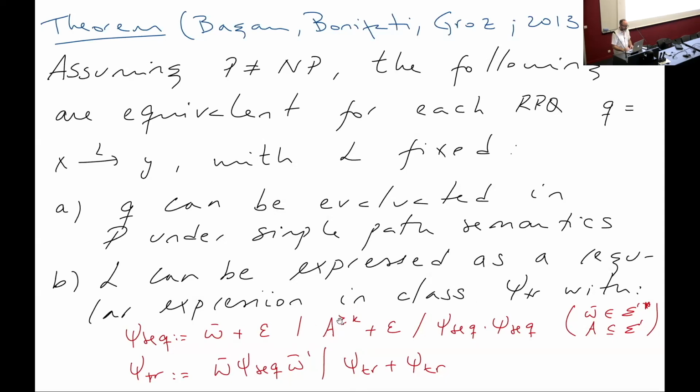So this is the disjunction of the symbols in A. It says these symbols appear at least k times or 0 times. And this class is closed under concatenation. So as long as you are in this class, and I mean in this class, not syntactically, you are equivalent to a regular expression in this class, then you can solve the problem in polynomial time.